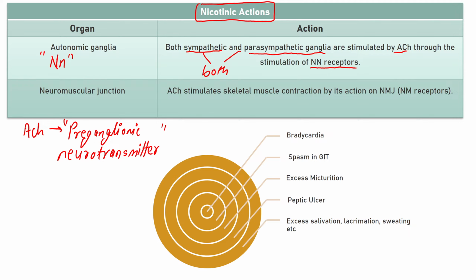The pre-ganglionic neurotransmitter will always be acetylcholine in these systems. And then the NM receptors: acetylcholine will stimulate the skeletal muscle. This will cause contraction through NM receptors.